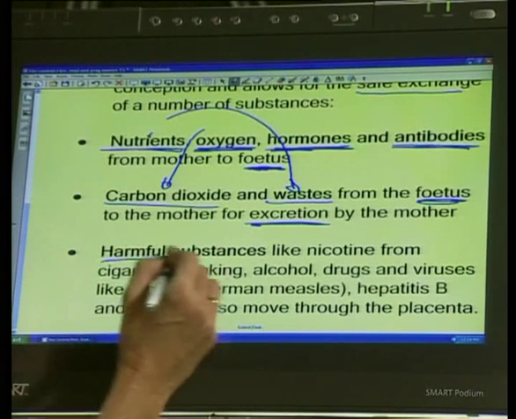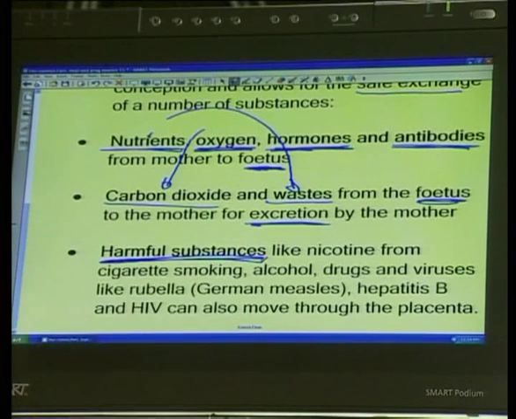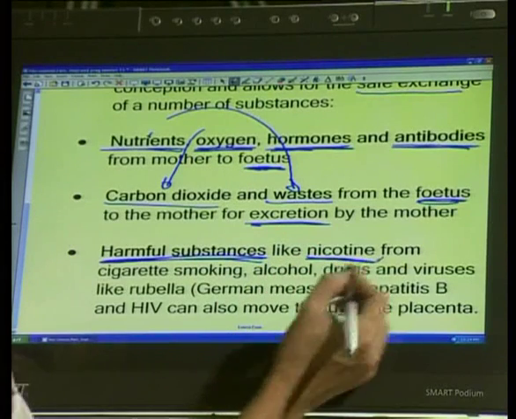Now, harmful substances. And ladies, hopefully most of you will be mommies one day. Please look after your bodies and look after that baby when you are pregnant. Every little thing you do impacts on that little baby's growth. Here we go. Nicotine, bad, bad, bad.